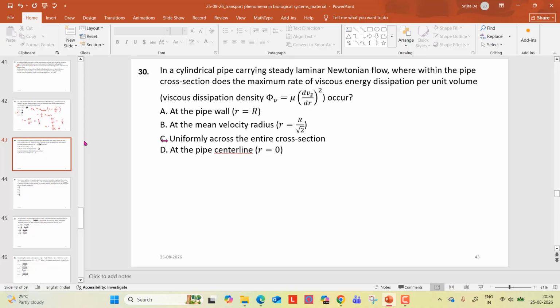Next. In a cylindrical pipe carrying steady laminar Newtonian flow, where within the pipe cross section does the maximum rate of viscous energy dissipation per unit volume occur? Viscous dissipation expression is like this.